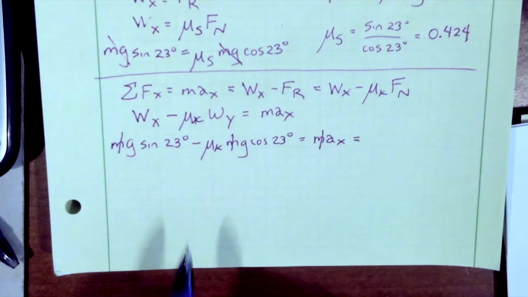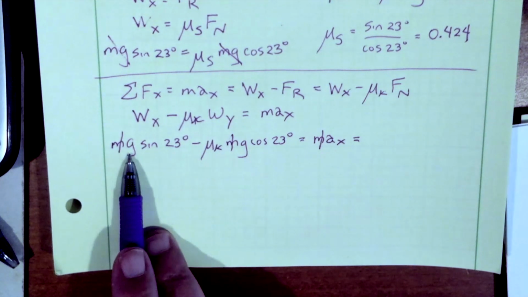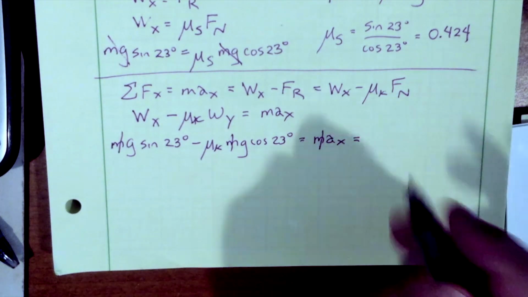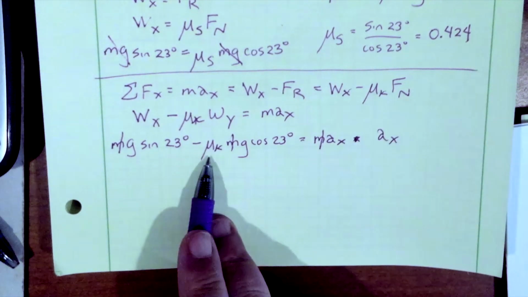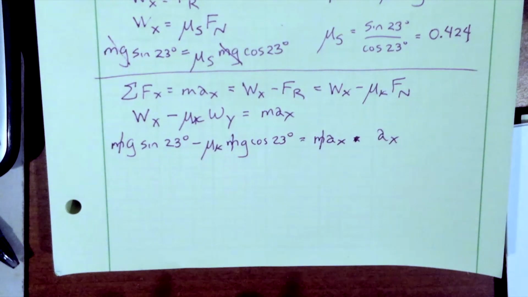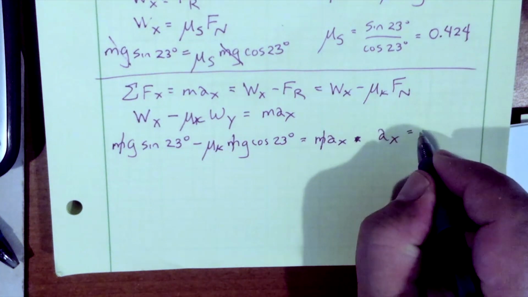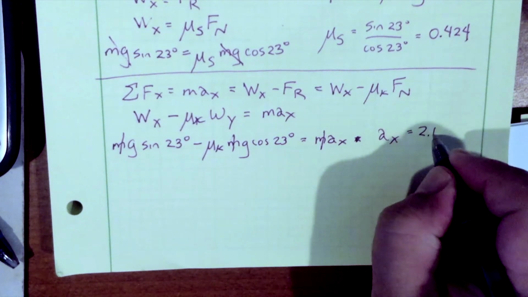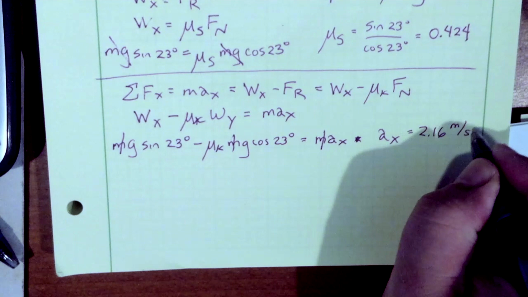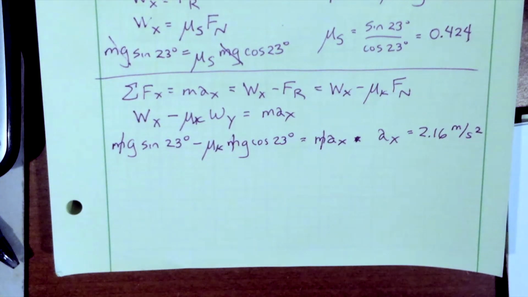And when we calculate this all out, g sine 23 minus mu k cosine 23, with a mu k value of 0.185, we arrive at an acceleration down the slope of 2.16 meters per second squared.